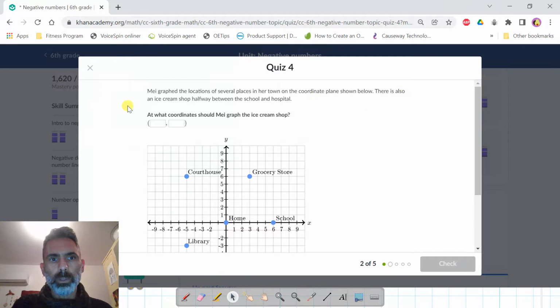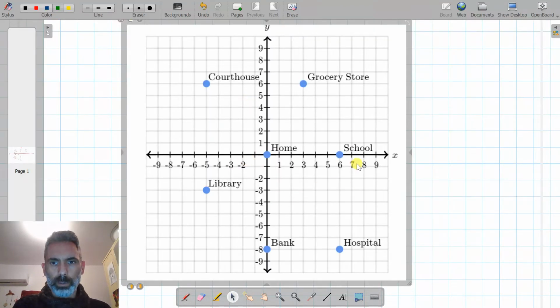So there is also an ice cream shop halfway between the school and the hospital. Okay, so the school is here and the hospital is here.